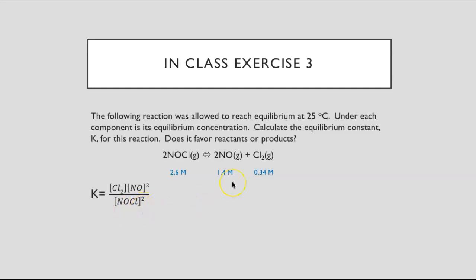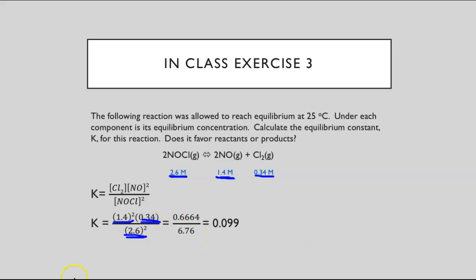So when you put your numbers in, the concentration of NO was 1.4. So I put 1.4, and that is squared. The concentration of Cl2 is 0.34. So I put 0.34, and that doesn't have any coefficient, so I'm not going to do anything to that. And then the concentration of NaCl is 2.6. And again, I want to square that.